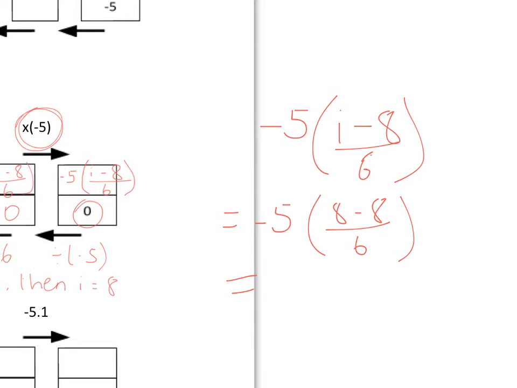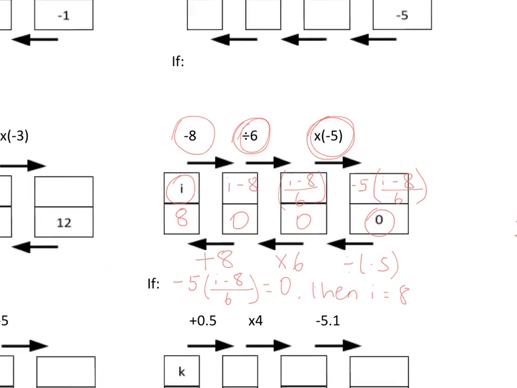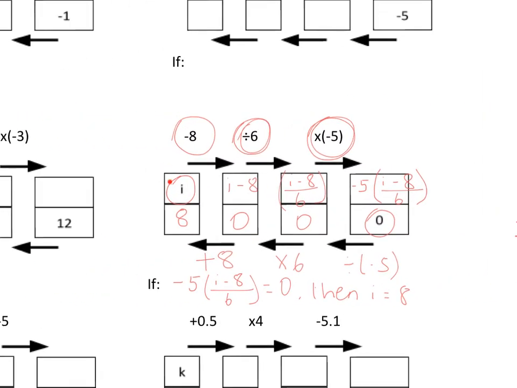Remember, order of operations. So negative 5 times (8 minus 8 is 0) over 6. And 0 divided by 6 is going to be 0. And negative 5 times 0 is going to be 0. So we know then, because it matches up, that our answer is correct. We know that I equals 8.